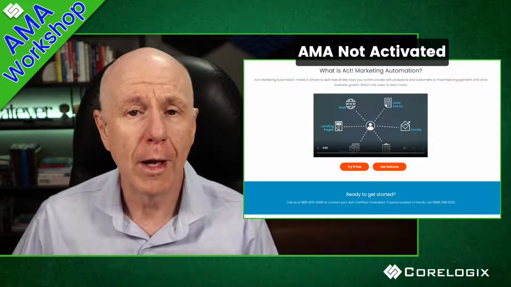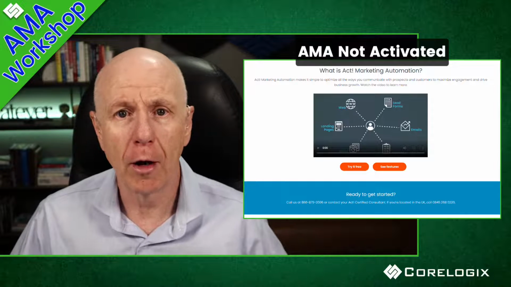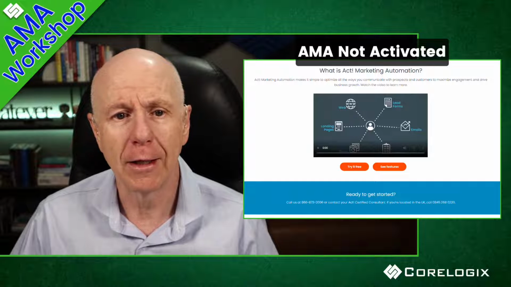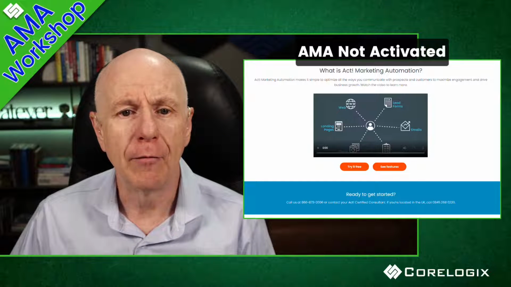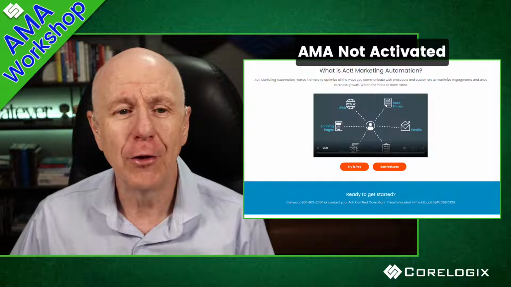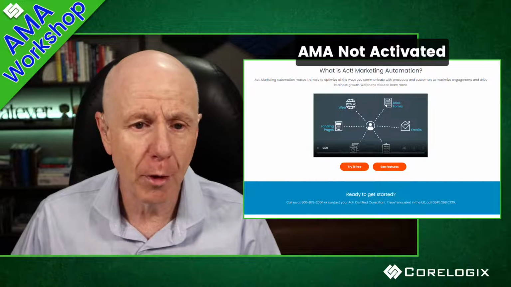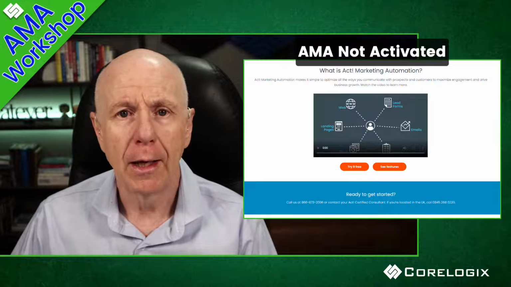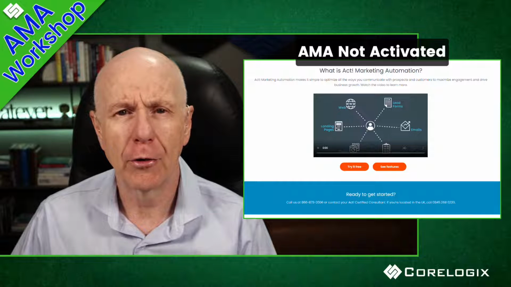First of all, when you click on Marketing Automation on the navigation bar on the bottom left-hand side, if you get this screen, AMA not activated, then you need to let us know, because some of you, especially with the basic, don't always have that automatically turned on.